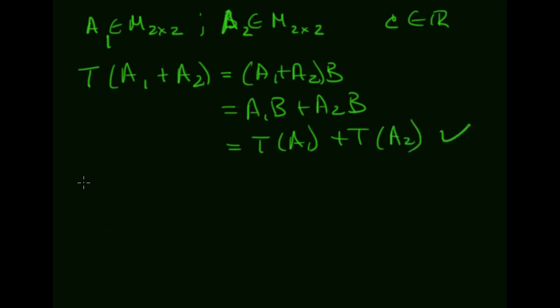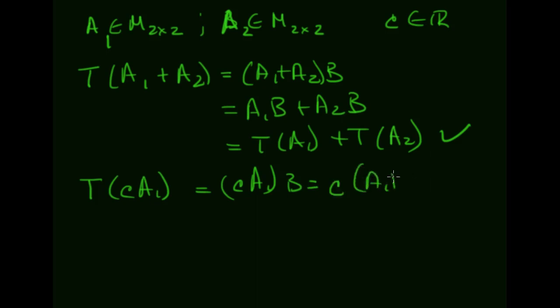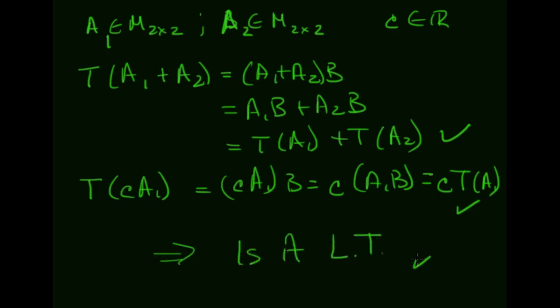So addition holds. Let's try it with scalar multiplication. This means I'm going to get CA1 times B, which is the same as CA1B, which is C times the transformation of A1. So we hold under scalar multiplication, which means this is a linear transformation.